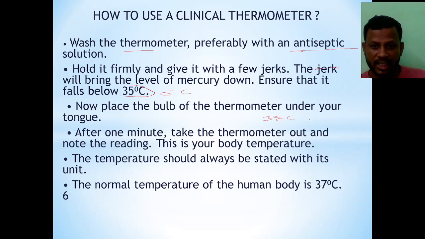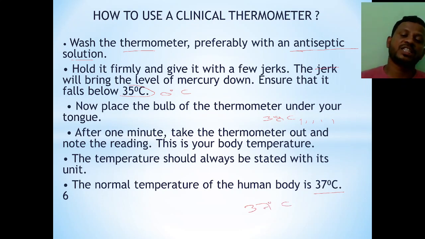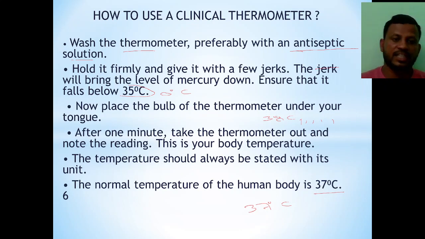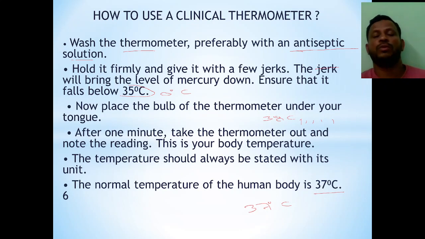Units means the small scale present on the thermometer. The normal temperature of the human body is 37 degrees Celsius, I told you that before. This is the procedure for how we use the thermometer at home.